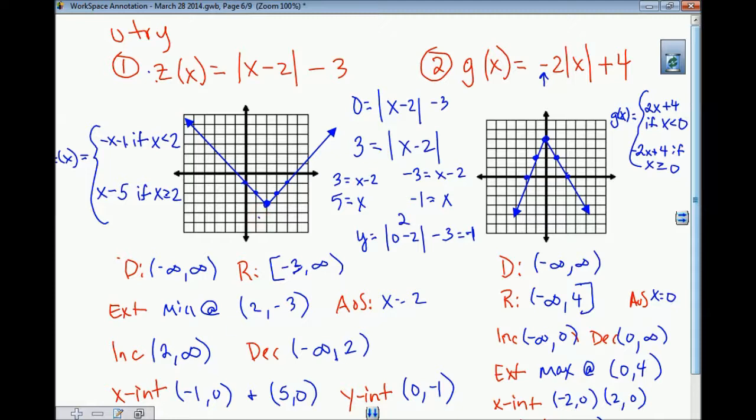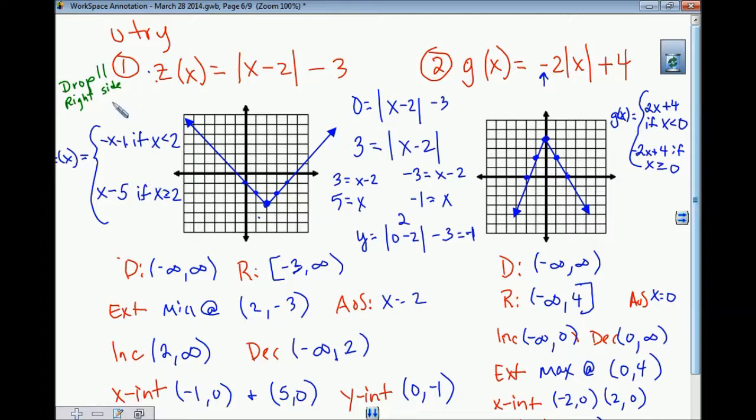Okay, now, there's a cool way to do this algebraically too. To get the right side, all you have to do is drop the absolute value. And that gives you the right side of this function. Do you see if I drop the absolute value, I get x minus 2 minus 3? Isn't that x minus 5?